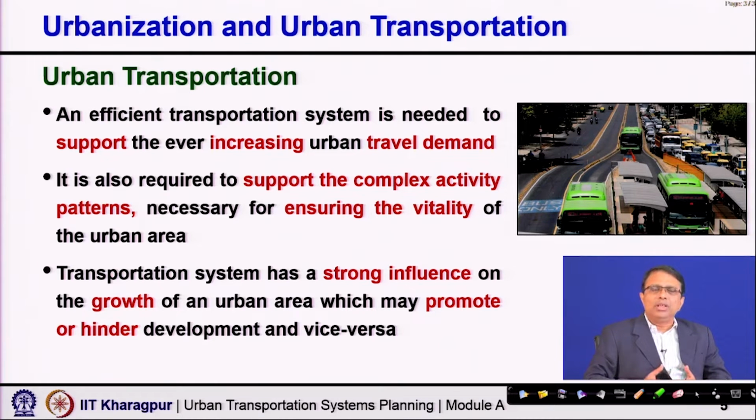An urban area obviously always looks very vibrant if the transport system is good. In fact, for me the very first impression I develop about any place is through its transport system. Whenever I travel to a place, the moment I come out of the railway station or airport, I get the first impression about the city through its transportation system.